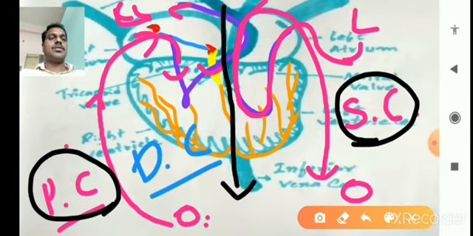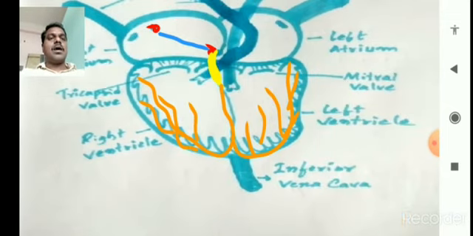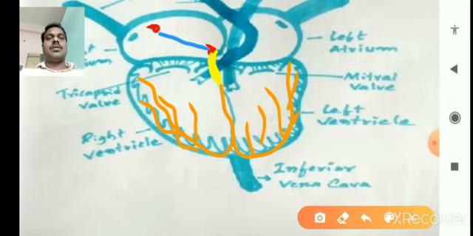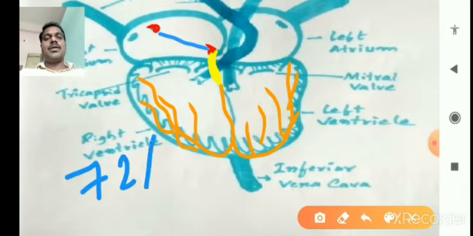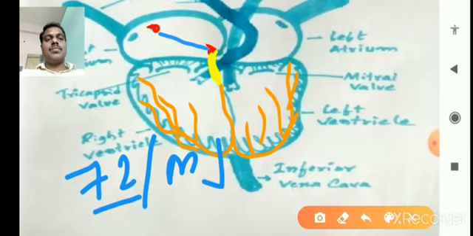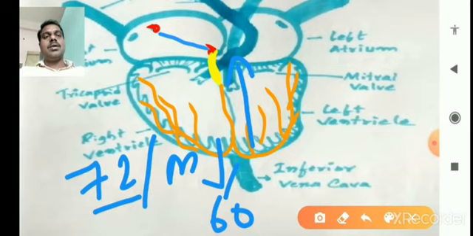Double circulation is present in the heart in all vertebrates, and there are some functions in the heart as well. The heartbeat is normally 72 times per minute, but sometimes it decreases below 60, and it also increases above 100.